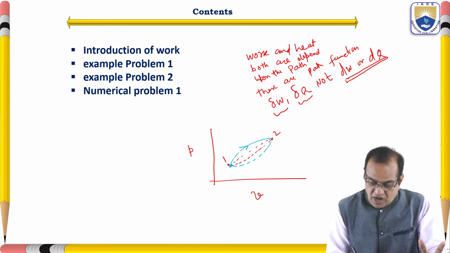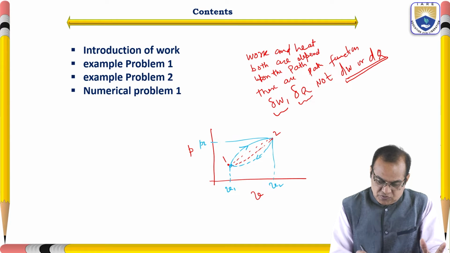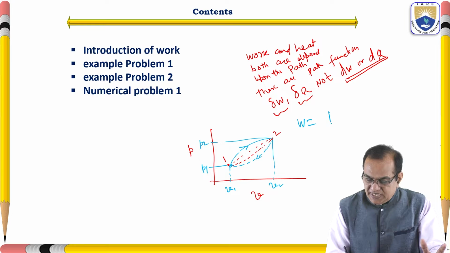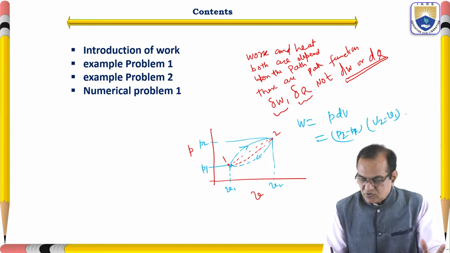So how can this be? This is the volume V2 and this is V1, and this is P2 and this is P1. We know that work done is equal to P dV, or P2 minus P1 times V2 minus V1. So this is the work done.